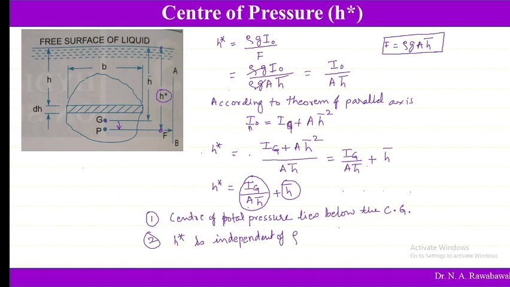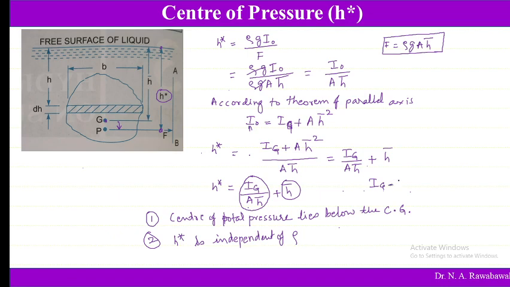So what is Ig? Ig is the moment of inertia about the axis parallel to the free surface passing through the center of gravity.